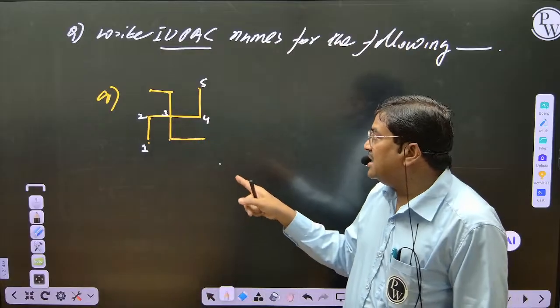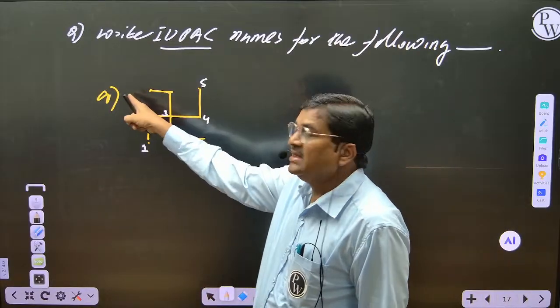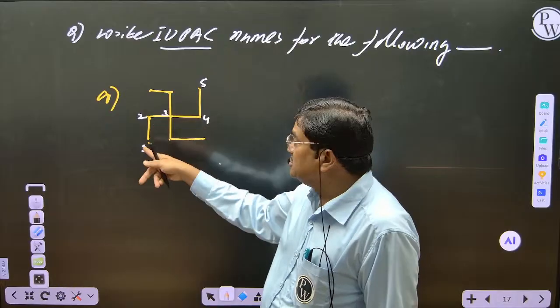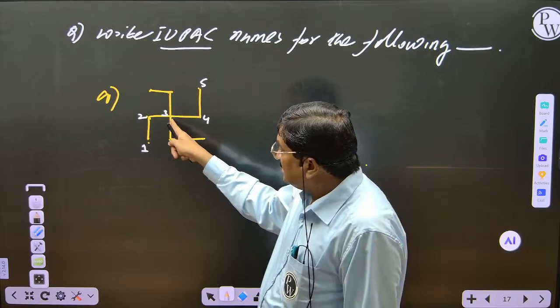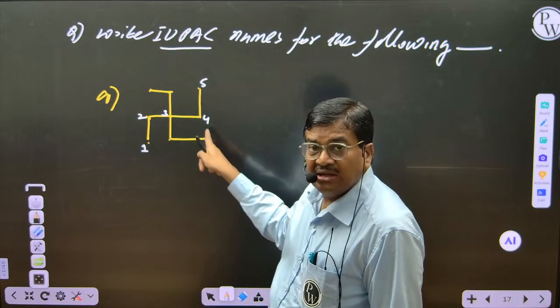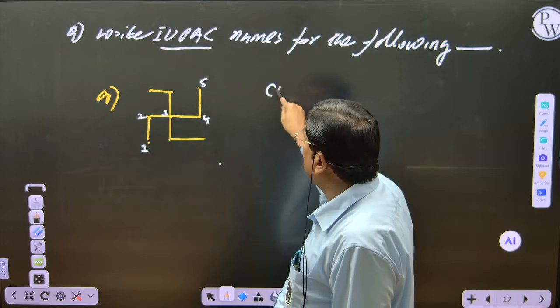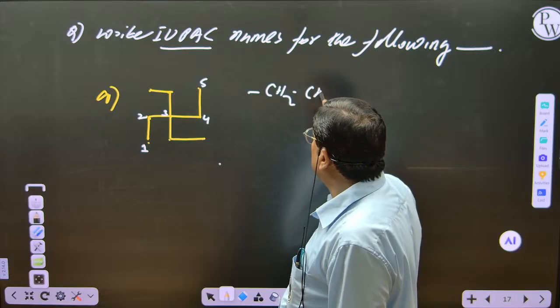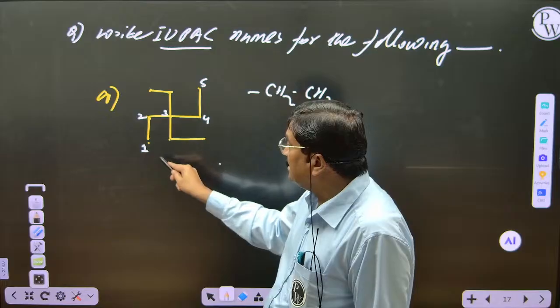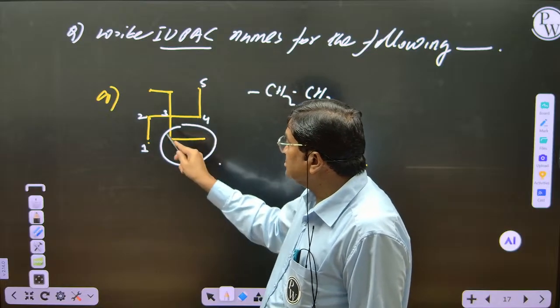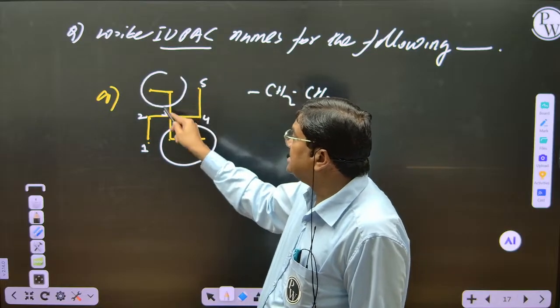So you may say, why have you selected like this, sir? Can't I go like this? You say. Anywhere you can go, but it should be in continuation. Clear up to this? Now see, at the third carbon there is an ethyl. Then students should know how that group is. See, I am showing you ethyl. This is how it is attached. CH2, CH3. This group is ethyl. Getting the idea? This group is ethyl and this group is also ethyl, students.